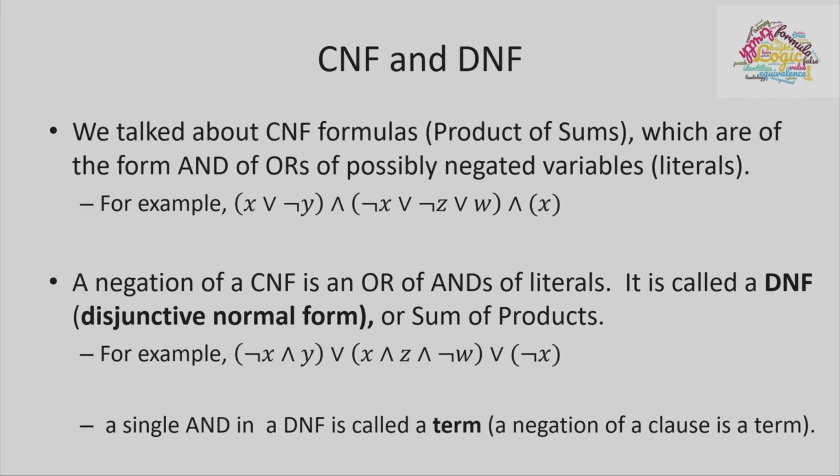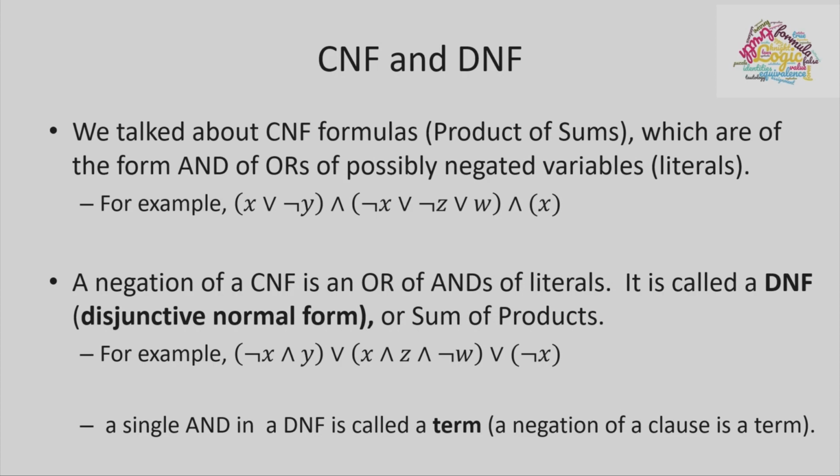If we look at the negation of a CNF, we will have a formula of the form an OR of ANDs, also of variables and negated variables, after we propagate all the negations to be on literals as we usually do. For example, if we negate this formula, we will end up with (not x and y) or (x and z and not w) or not x.